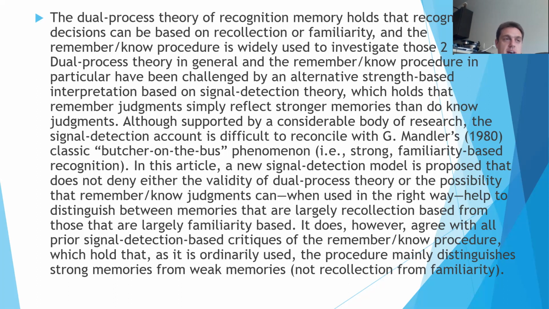I won't really go into that, but just notice what I'm talking about here, where it's not really plausible to explain the full model in the abstract, but what they do is talk about what it accomplishes, right? So it's able to agree with signal detection, which just means the strong versus weak approach, while also distinguishing between two processes, right?